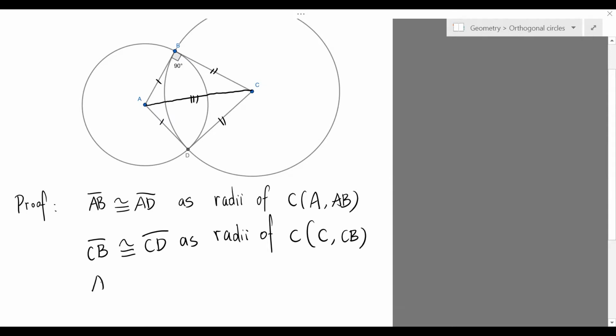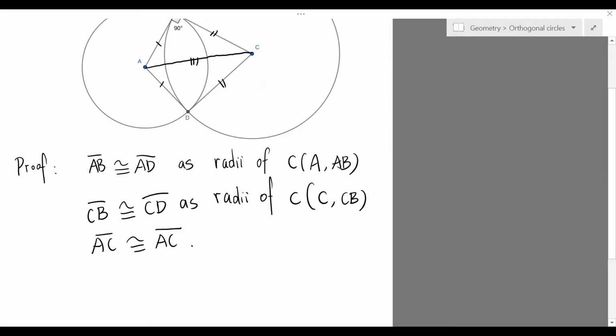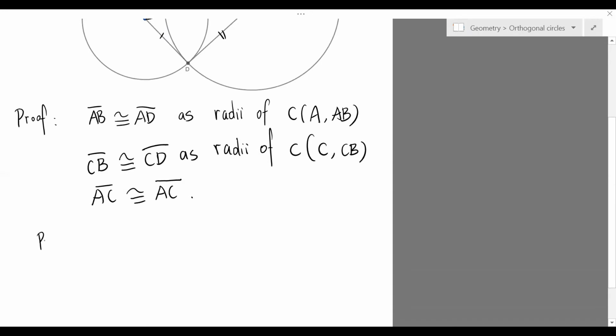Hence, we could apply the side-side-side condition. By the side-side-side condition, we conclude that the triangle ABC is congruent to the triangle ADC.